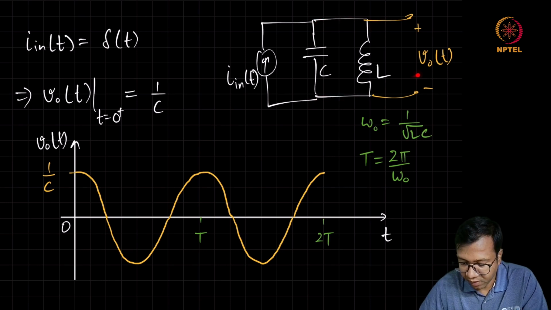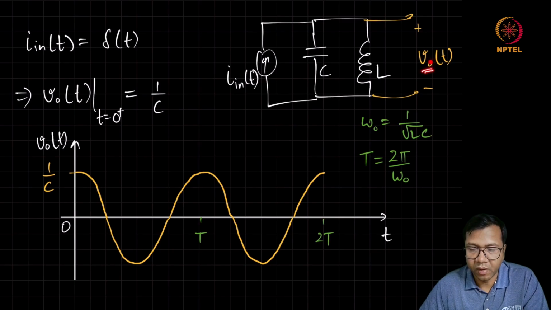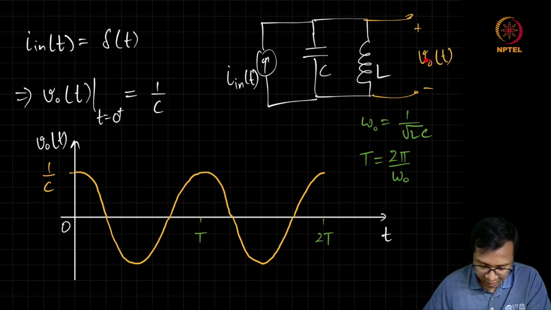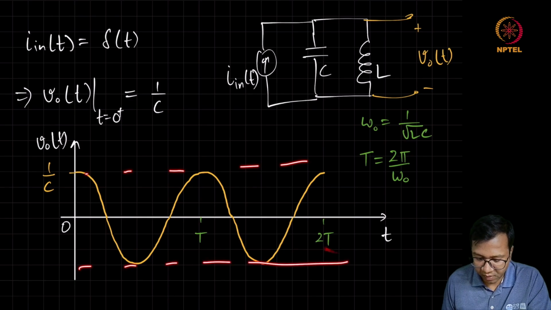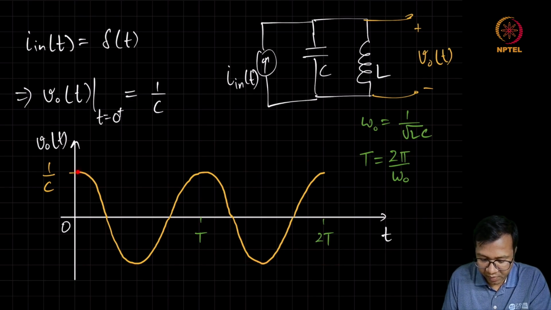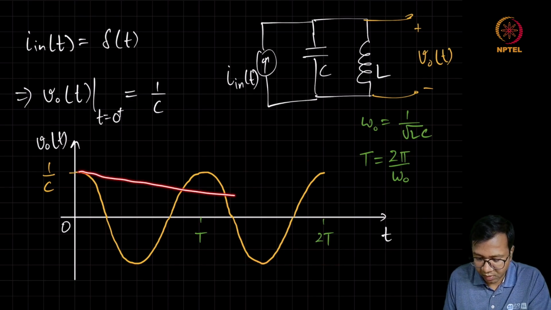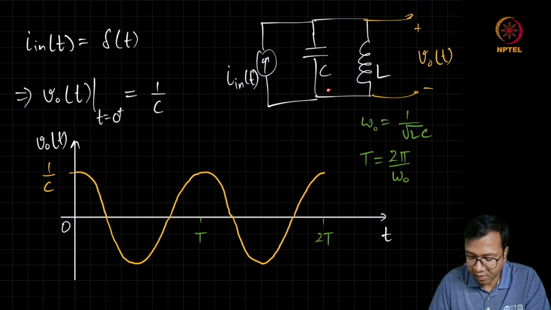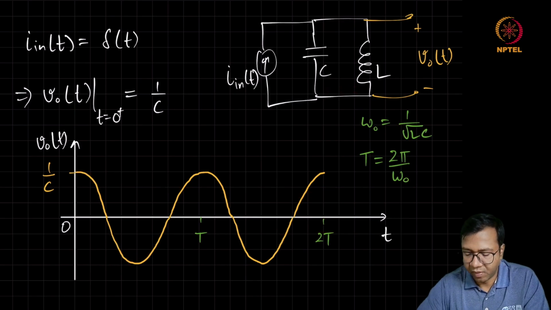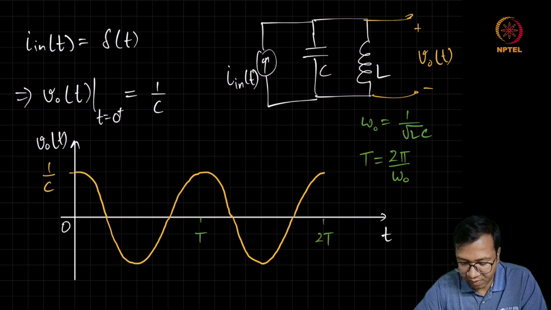As a result, this V0, in a practical system, will not have this constant envelope. Over time, the amplitude is going to decay. So we can model the loss in the system with an equivalent parallel resistor, and we will try to see how the output voltage evolves with time.